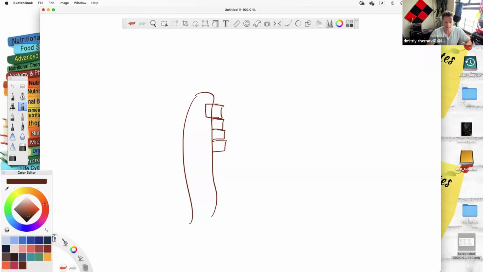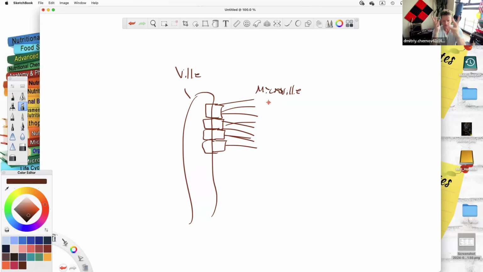Like that. And they have these lines called microvilli. So if this is villi, this is microvilli. The microvilli trap nutrients, right?